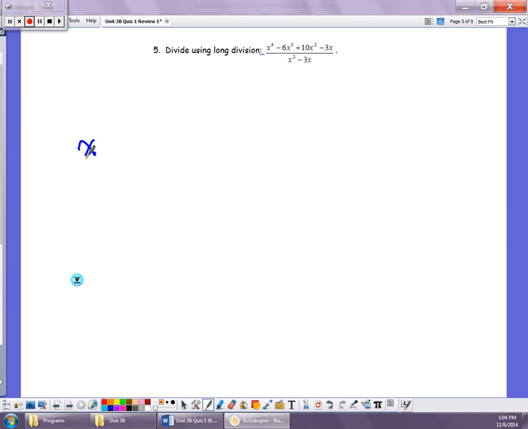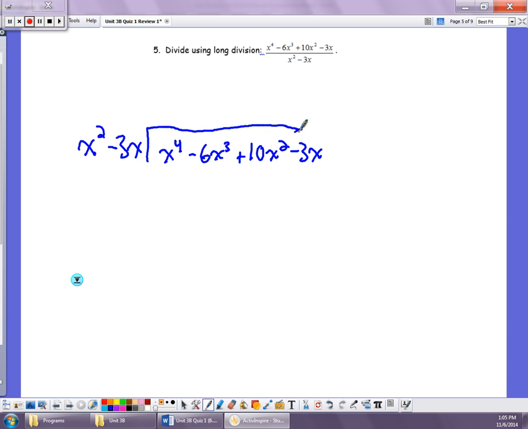X squared minus 3x is my divisor. It's a nice straight line going into x to the 4th minus 6x cubed plus 10x squared minus 3x. So I have 2 terms here. I'm going to look at my first 2 terms, and I want to try and knock out this x to the 4th.